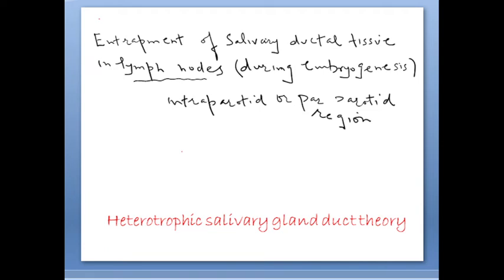But the most commonly accepted theory is the heterotopic salivary gland duct theory, which indicates that there is entrapment of salivary ductal tissue in lymph nodes during embryogenesis in the intraparotid or periparotid region. Here we have to remember that in the region of the parotid, a lot of lymph nodes are associated with it.